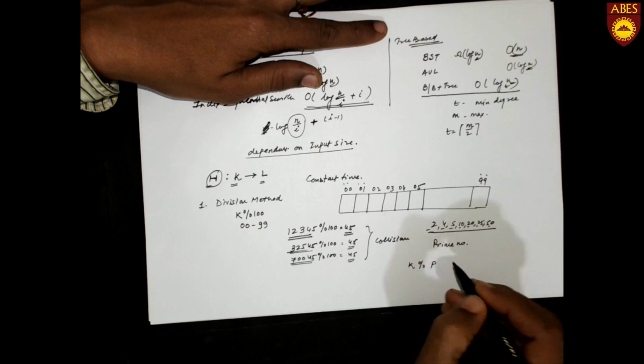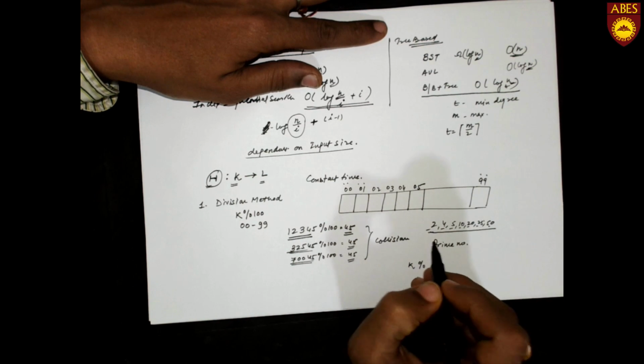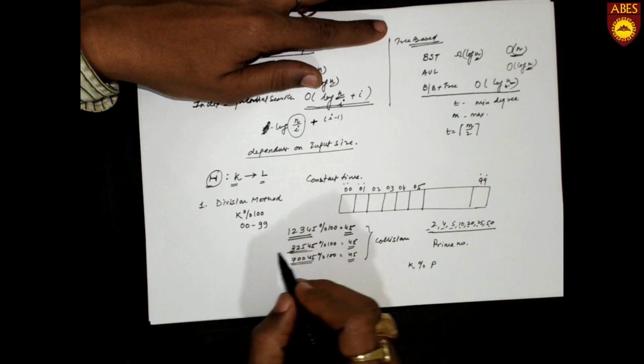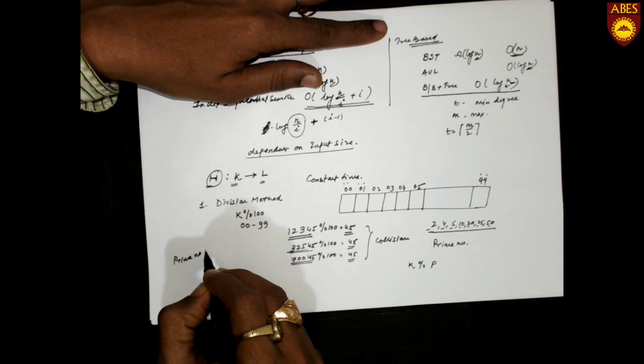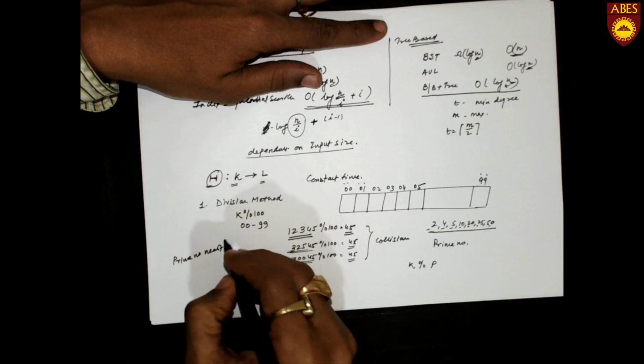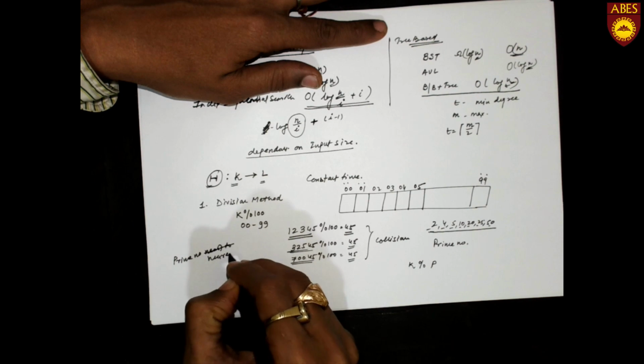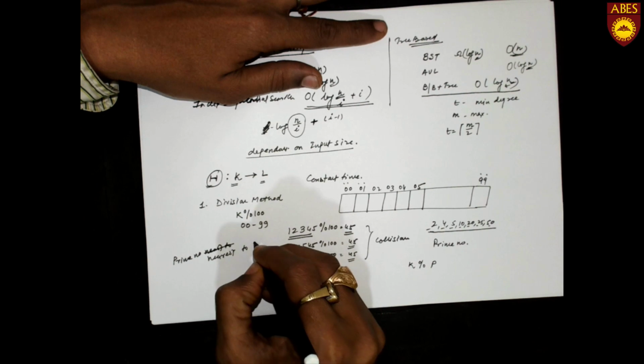So in this case, where we have 100 different locations, I find the prime number nearest to 100.